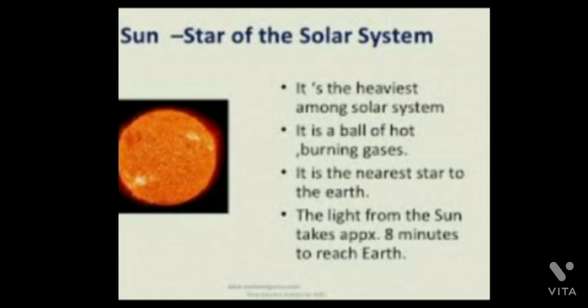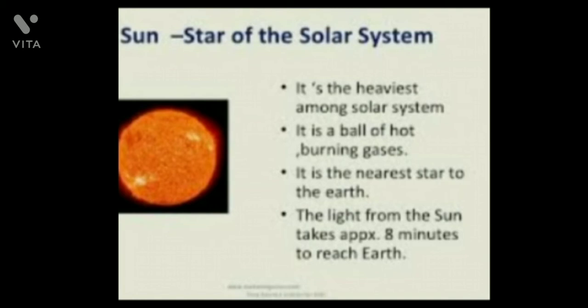So during this reaction, what happens? A lot of heat and light is given out, and that's why the sun appears like a huge hot ball. One more interesting thing is that the light emitted by the sun takes approximately 8 minutes to reach the surface of the earth. यानी जो सन रेज हमारे अर्थ पे पहुंचती हैं उनको कितना टाइम लग जाता है बच्चे?